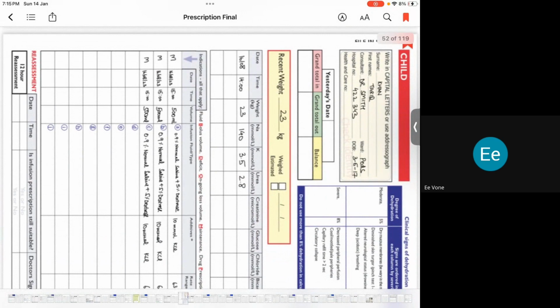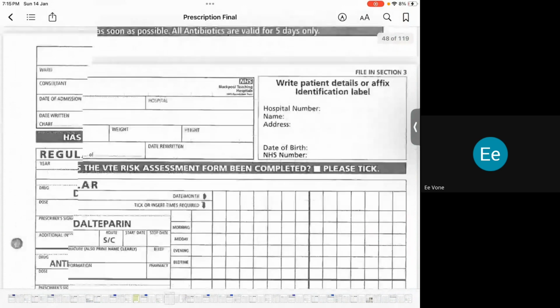Suppose the patient name is Tariq Khan. The case here is a child who weighs 23 kgs and has come in with a complaint of peritonsillar abscess. I'll show you how I am going to deal with the case.